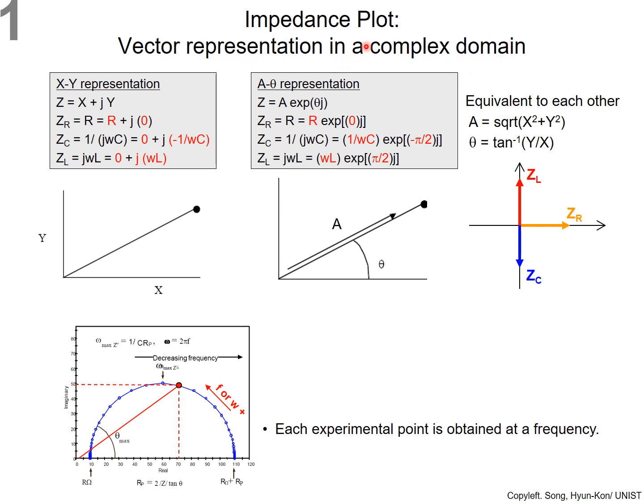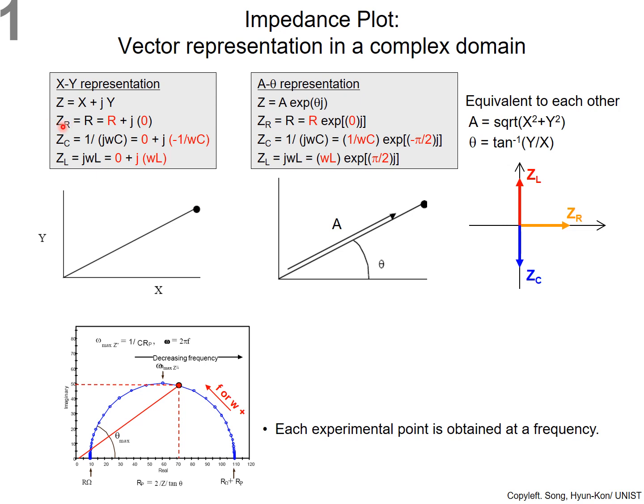Let me describe the impedance as x and y, that is to say, x plus j y in this Cartesian coordinate. The real part of the impedance is on the x-axis and the imaginary part of the impedance is on the y-axis. Then a point has two values, an x value and a y value.